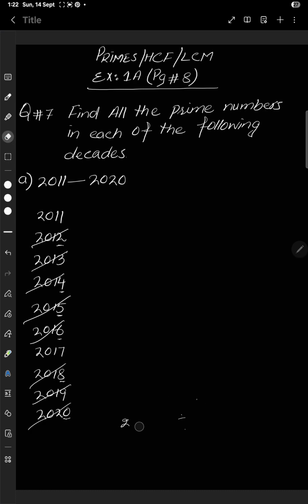Now we have only two numbers left, 2011 and 2017. Rest of all numbers are divisible by 2 or 3 or 5, as I told you earlier. So for the next stage we have 2011 and 2017 as qualifiers.